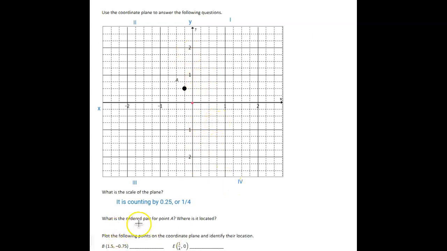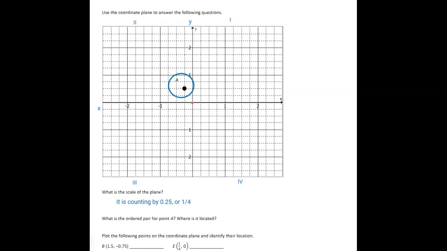Our second question says, what is the ordered pair of point A? Well, first let's locate point A. Point A is in quadrant 2, and we need to find the specific address. So we're going to work backwards.